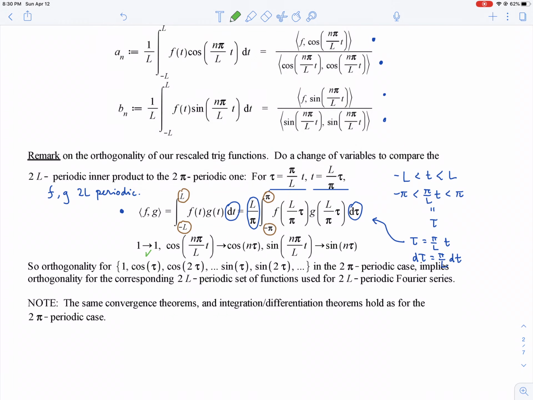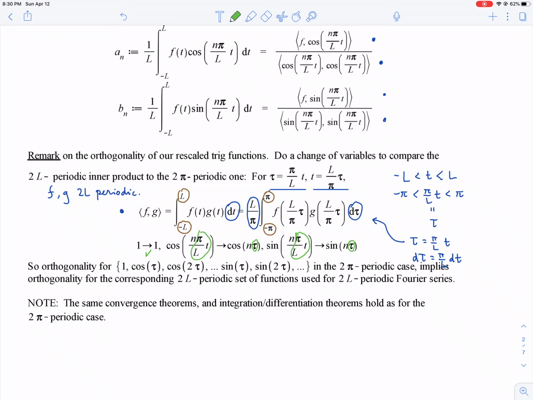The cosine n pi over LT function goes to the cosine n tau function, because tau is just pi over LT. And it's the same for the sine of the n pi over LT functions. They go to the sine of the n tau functions.